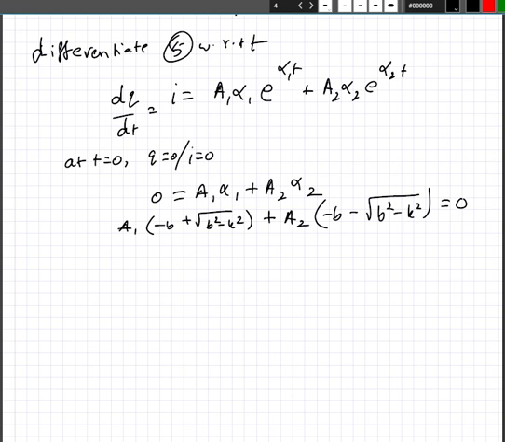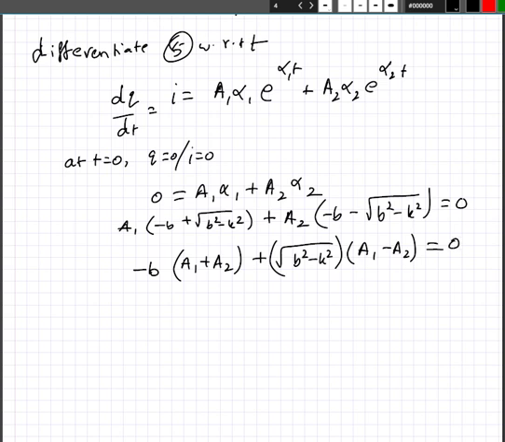So you take b common and the square root of b square minus k square as common. If you take b as common, you get a1 plus a2 plus square root of b square minus k square as a common term. Then you get a1 minus a2 as a common term from those two, and that is equal to 0.